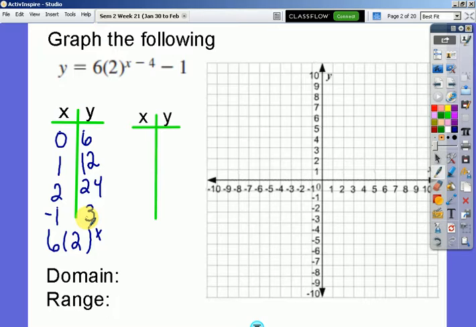And then -2, 3/2. And maybe 1 more. When in doubt, just plug it in, if you don't remember that trick. This is just a quick way to do it. Again, really what I want you to get out of a problem like this for the actual quiz is to identify the transformations and the intercept. Actually, graphing it is a bonus.